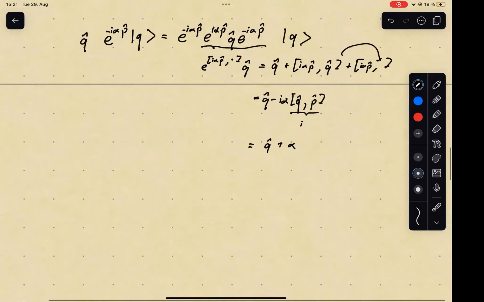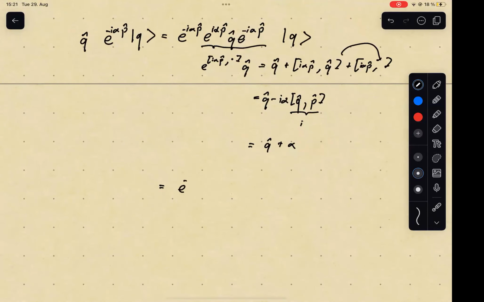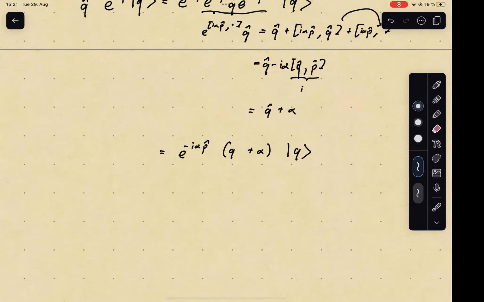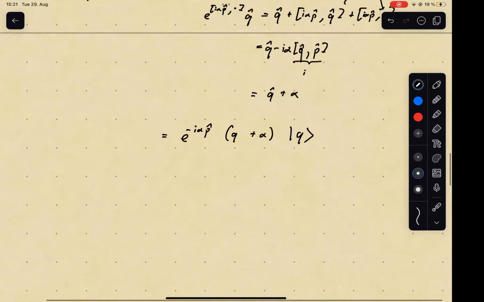Okay. So let me insert this. What I have now up here is e to the minus i alpha p, q plus alpha, acting on the q eigenstate of this q hat operator. If I act with an operator on an eigenstate labeled by the eigenvalue q, I'm just going to get the eigenvalue. I can remove this hat. I should have called this q prime or something, but you get what I mean. And I pull this up front.